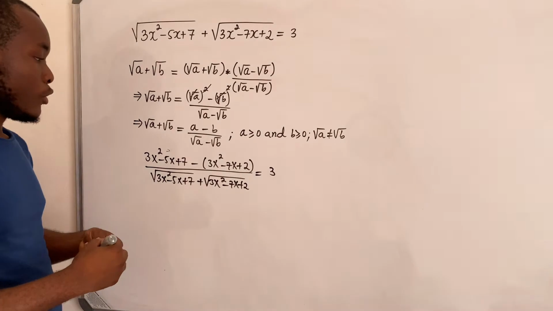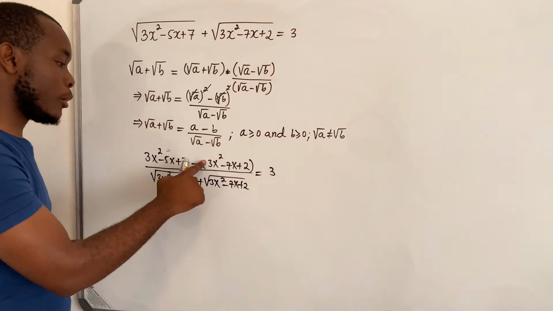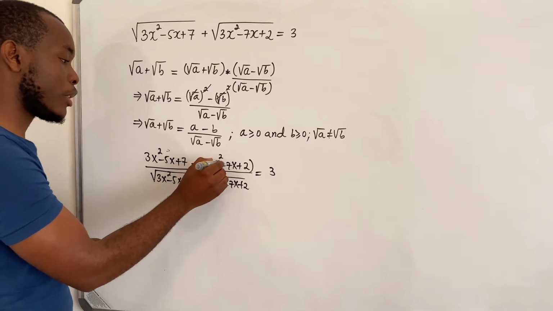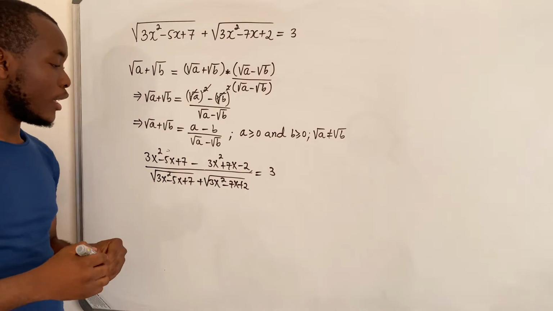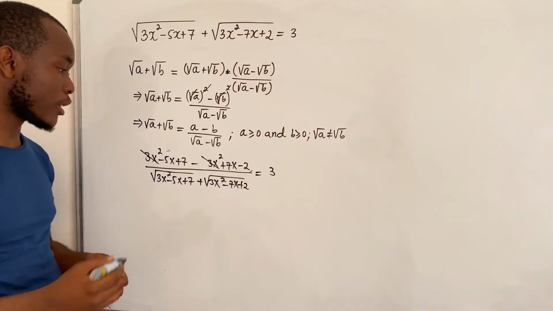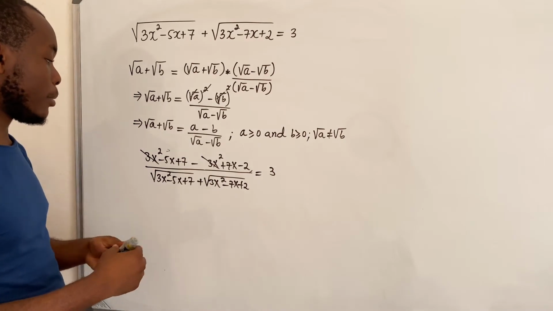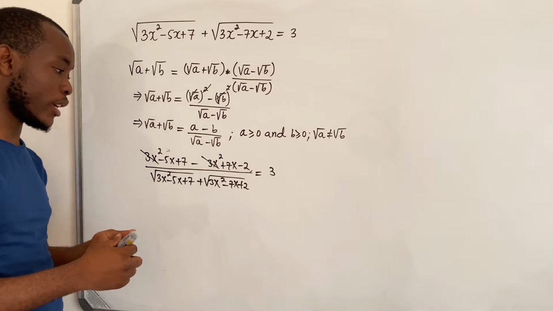Okay, so this negative, when it enters, the 3 will become negative, here will become positive, and here will become negative. All right, now this 3x squared and 3x squared are symmetric. Then what is going to happen? Minus 5x plus 7x is going to be 2x.